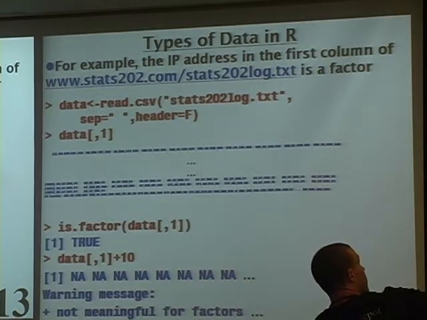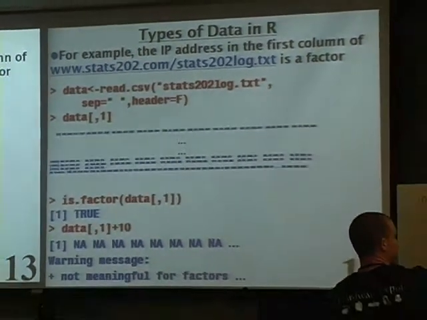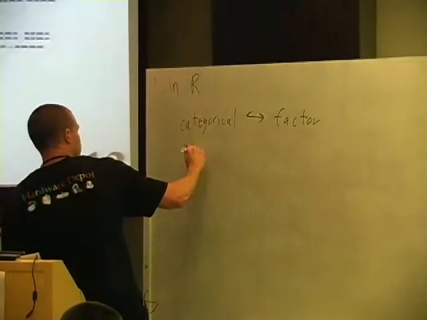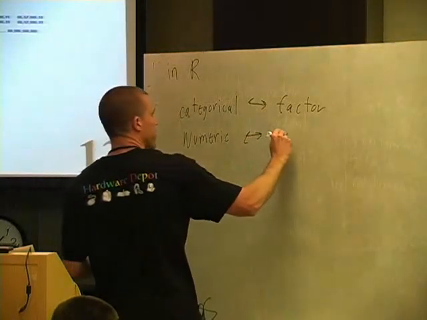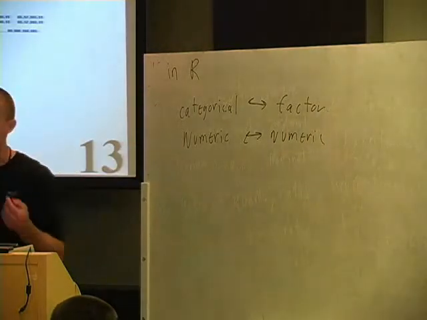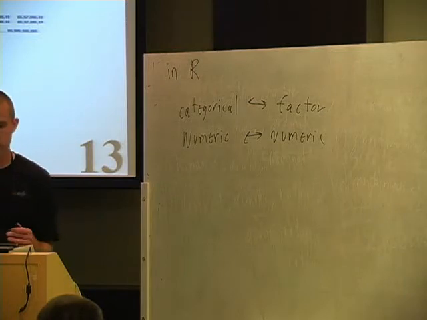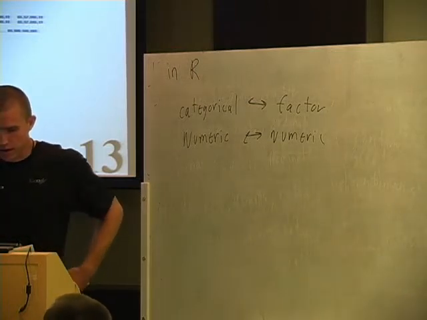In R, things that are categorical are synonymous with factor, and things that are numeric, right? So that first column in that data set should not be numeric. I don't want to add or subtract two IP addresses. They sort of look like numbers, but they have a lot of decimals in them. So you can see what R does with that.